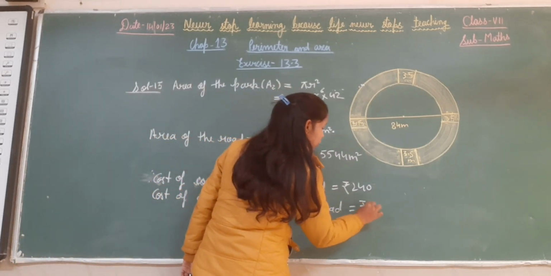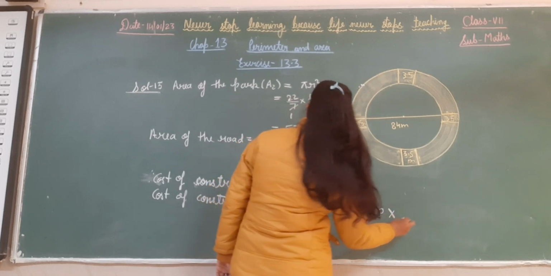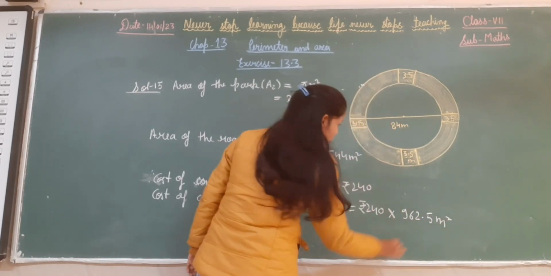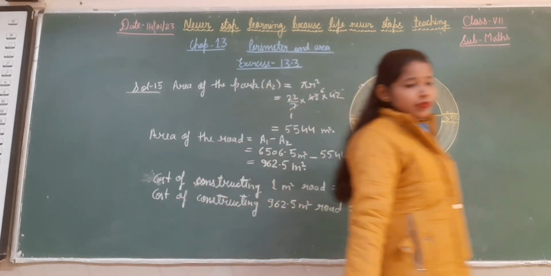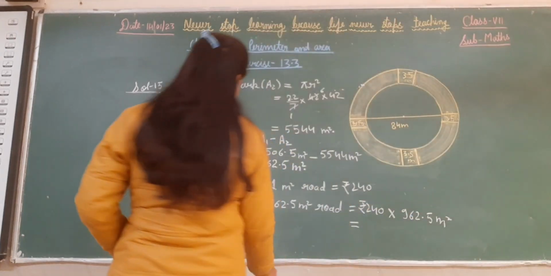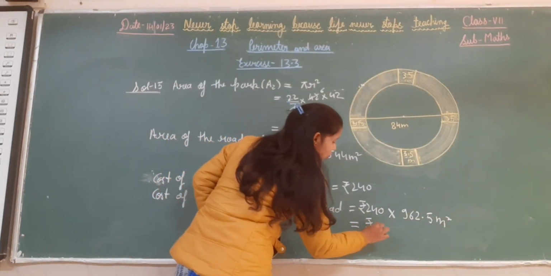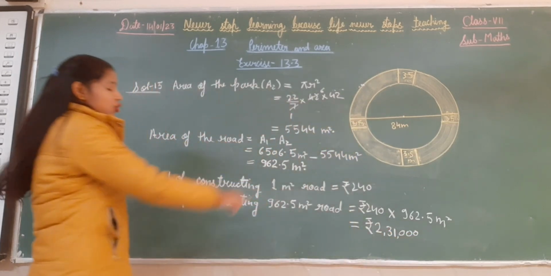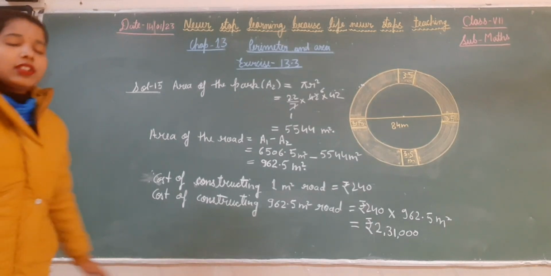So what will come? 2,31,000 rupees. So the cost will be 2,31,000 rupees.